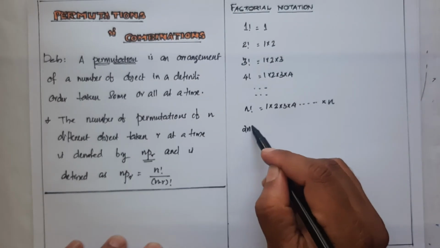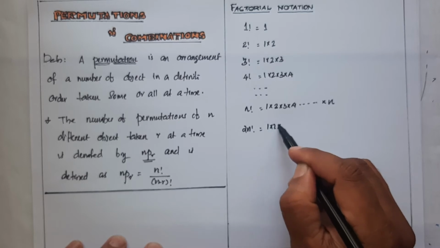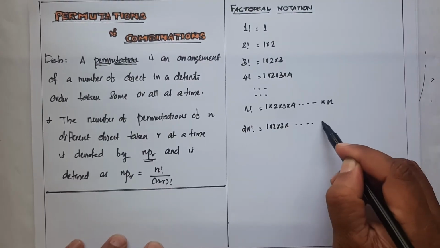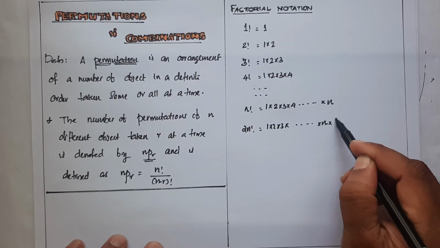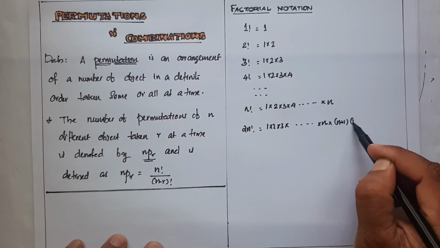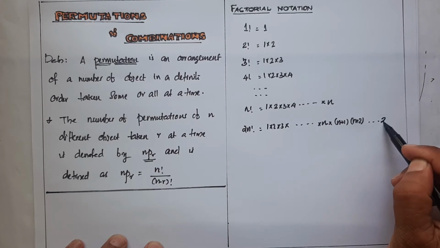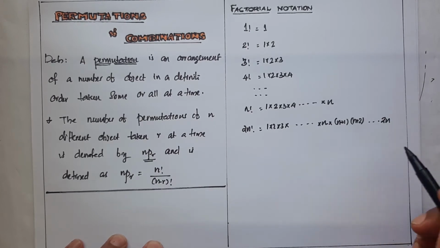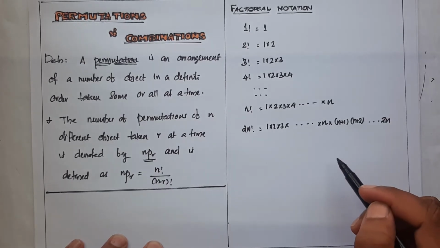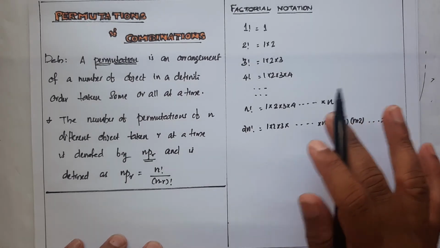Then 2n factorial means 1 into 2 into 3 and so on up to n, n plus 1, n plus 2, and so on, and our last term is n plus n, 2n. That is the product of 2n consecutive numbers, 2n factorial. This is the definition of factorial.